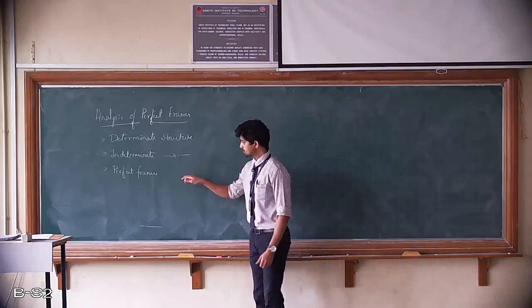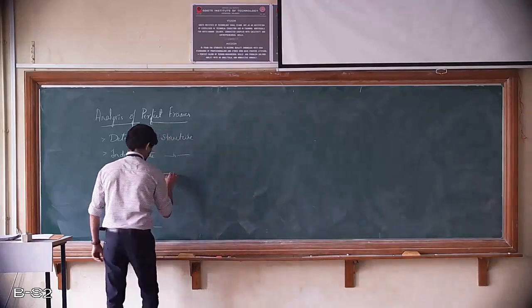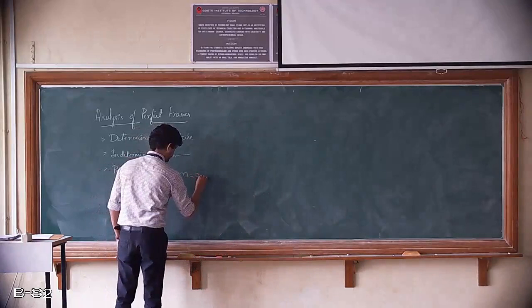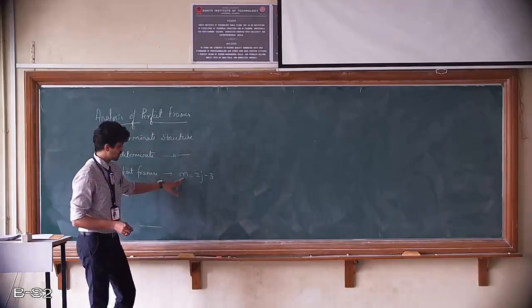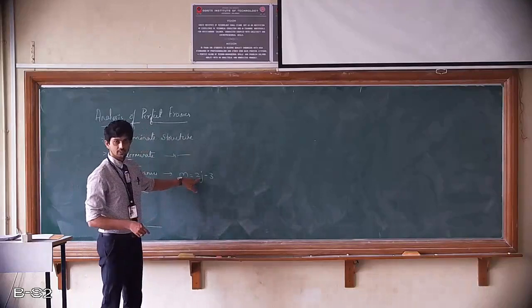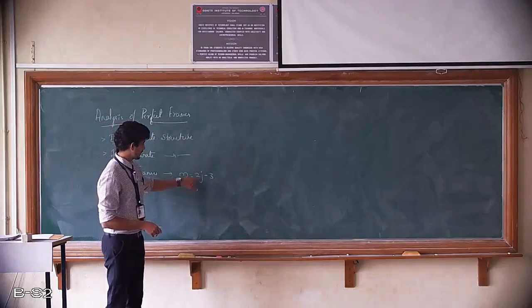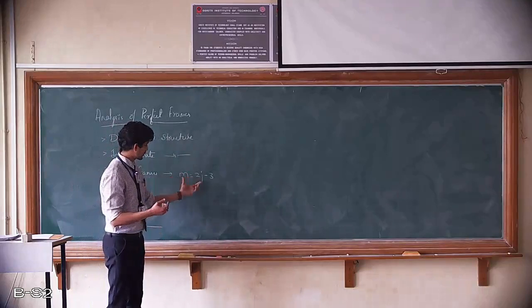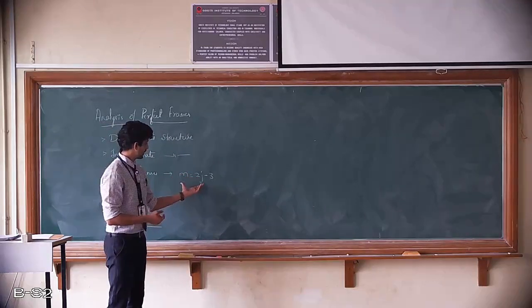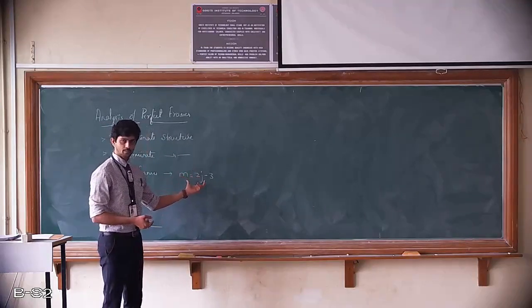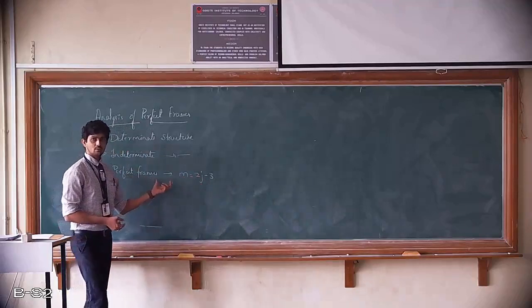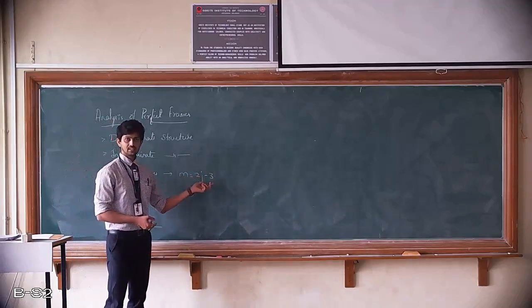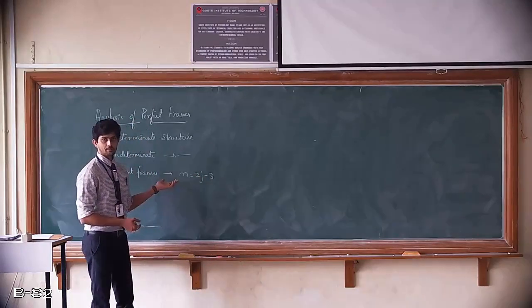Whereas perfect frames are nothing but, if you could remember the formula, m is equal to 2j minus 3, where m stands for the number of members and j stands for the number of joints. When we substitute the number of members and joints in this equation, and if this holds good, then it is a perfect frame. Now we can also include one more terminology, that it is a stable frame.